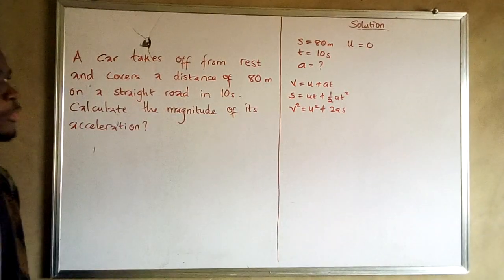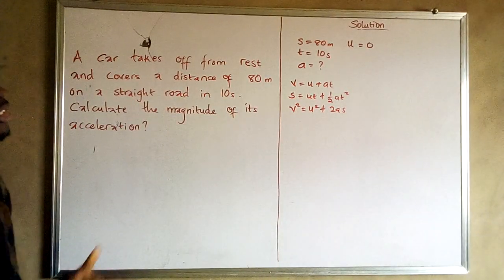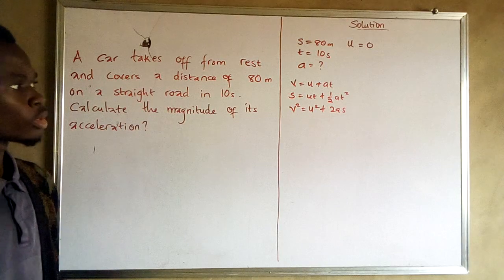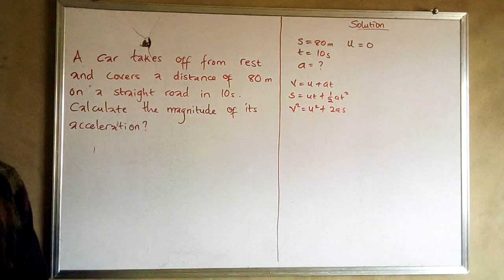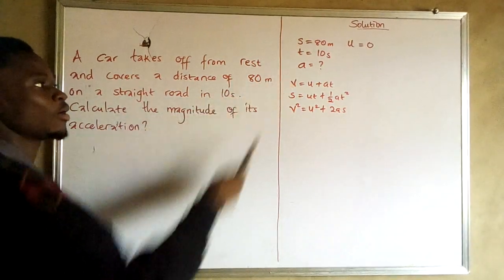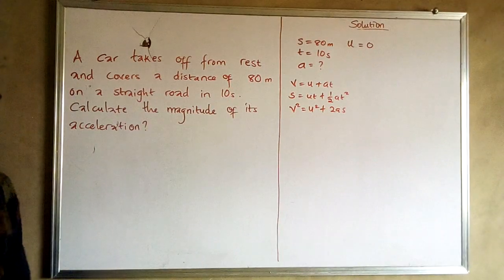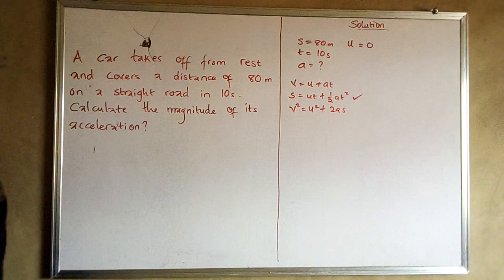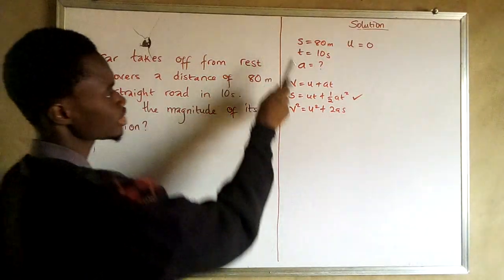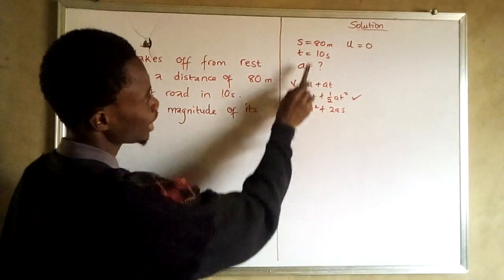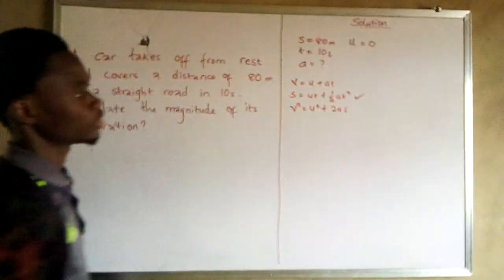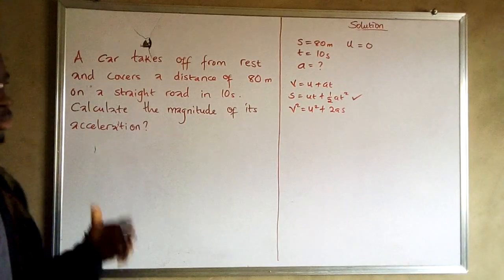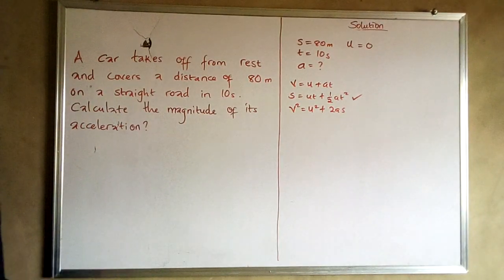Now, which of these three equations contains all the values given on the board, both the direct and the indirect values, and also contains our unknown element? I think the best option here is the second equation of motion. It contains distance, initial velocity, time, and then acceleration. This is the perfect equation of motion we can use to find the value of our acceleration in this question.